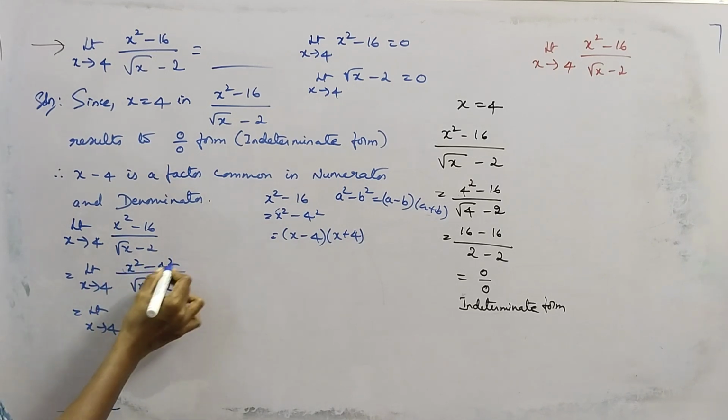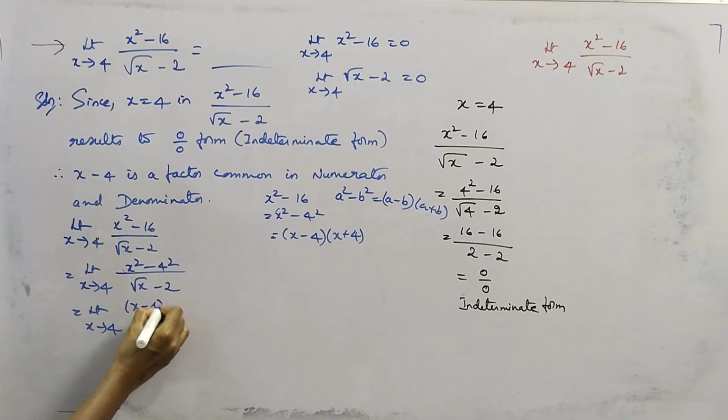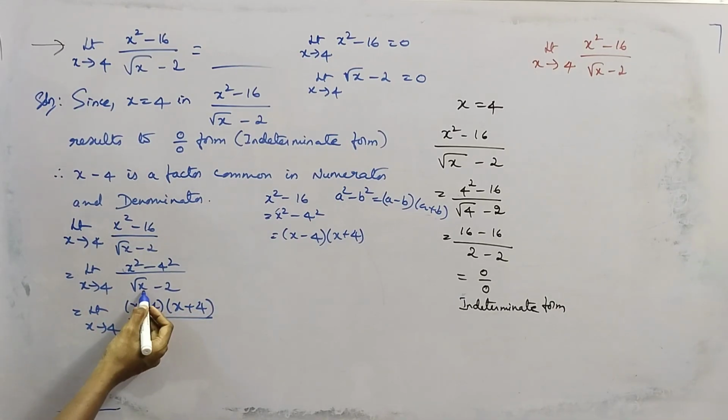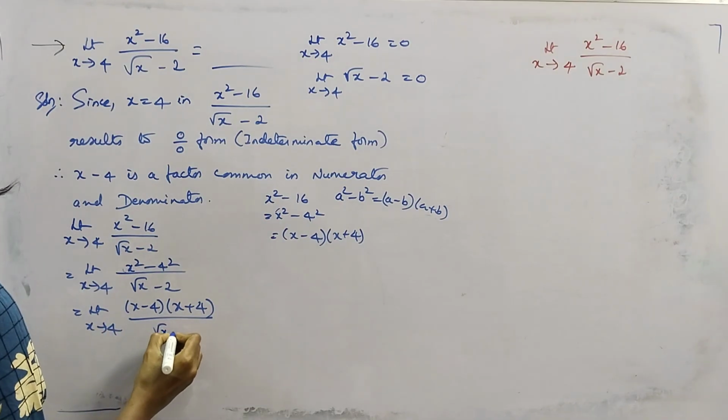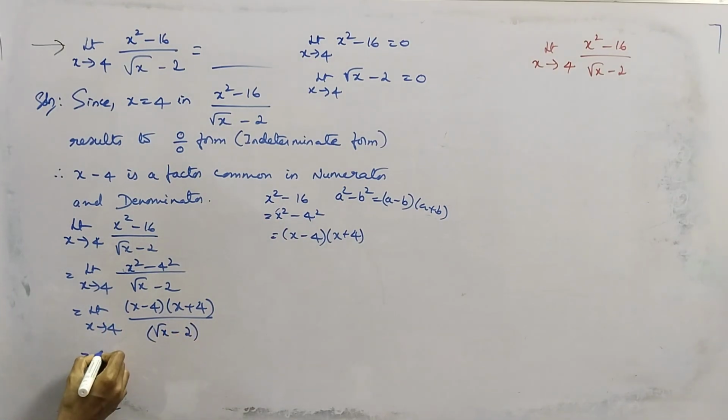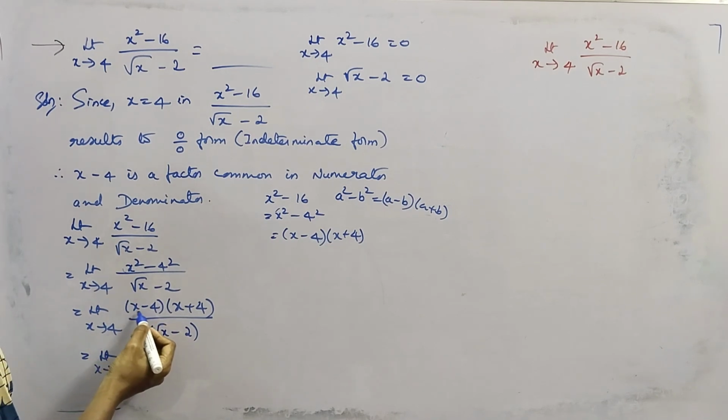Since this is in a square minus b square form, I'll get (a minus b) into (a plus b) by the denominator. Let's see what we are going to get in the next step. Here you're having x minus 4, right?